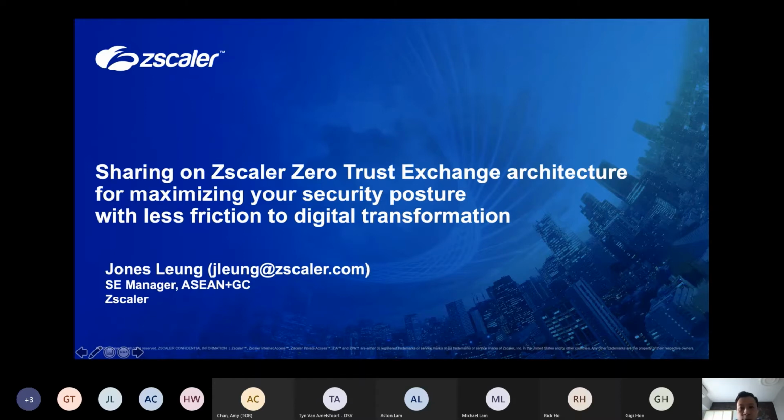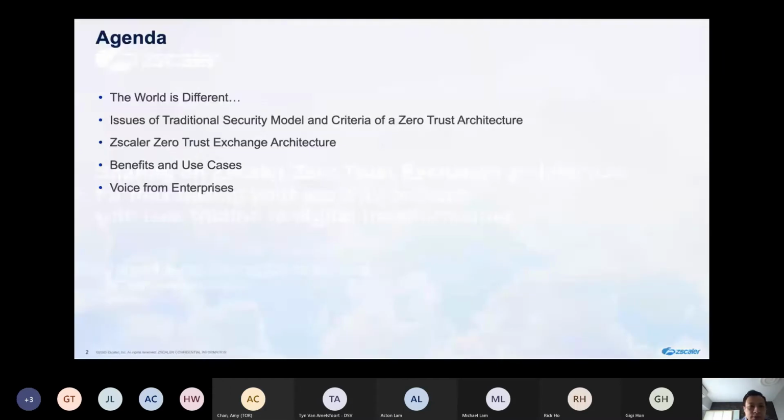So today I'm going to talk about a hot topic in the security market, which is zero trust, and I'm going to talk about what is happening in the world, why we hear more and more people talking about zero trust nowadays.